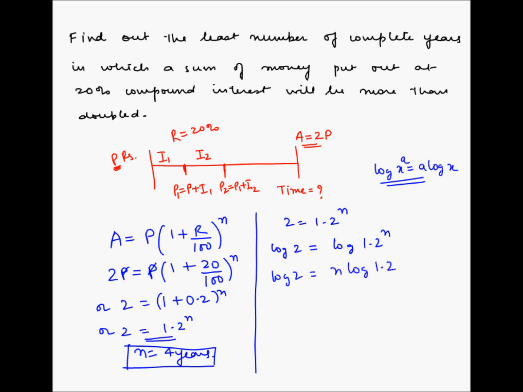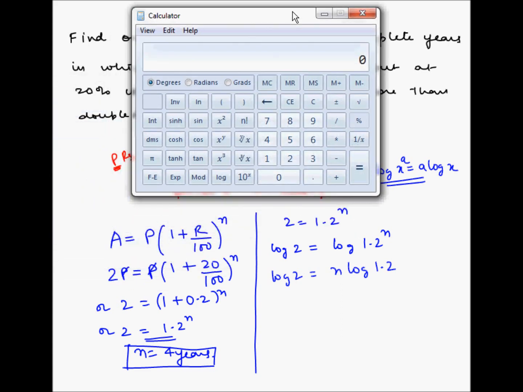So let me pull my calculator here. So log 2 is 0.3. So 0.3 is equal to n multiplied by log 1.2, which is 0.079.